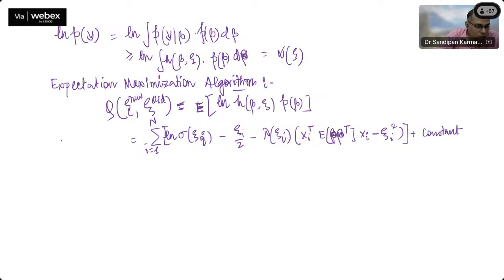Okay, so now with respect to the derivative, we are finding out this lambda xi i, then xi transpose E of beta transpose xi minus xi i square, and we will be equating it to 0.